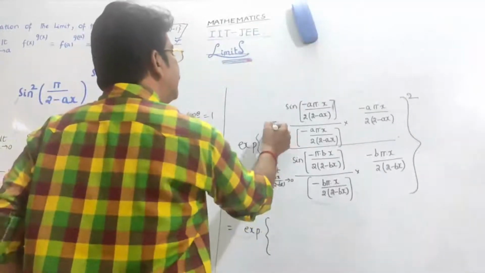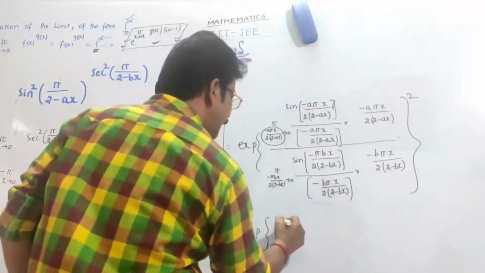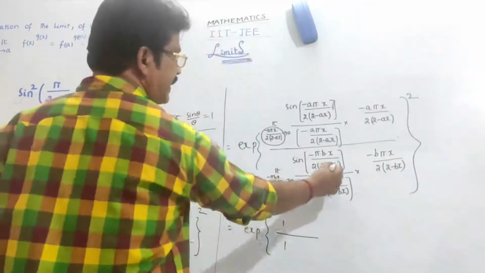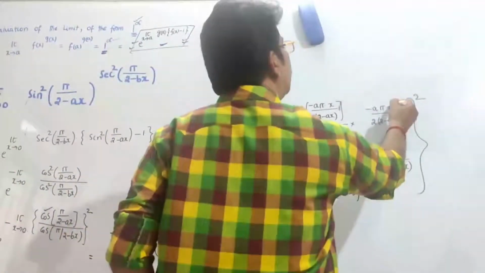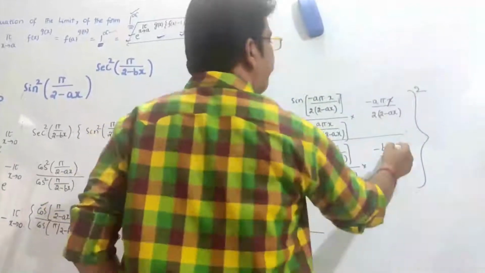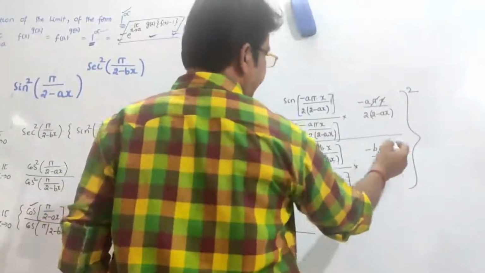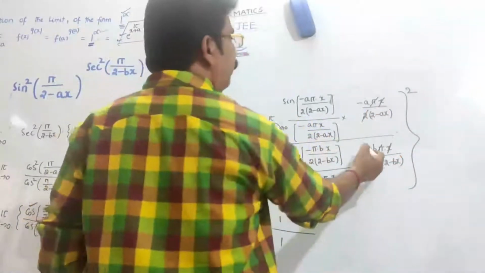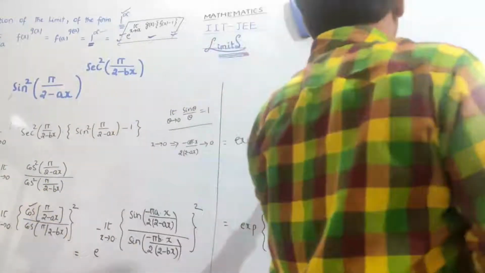So exponential of, clearly limit theta tends to 0. Here theta tends to 0, sin theta by theta is 1, divided by 1, this one is 1, right. Next here x cancels, pi cancels, 2 cancels, minus also cancels.